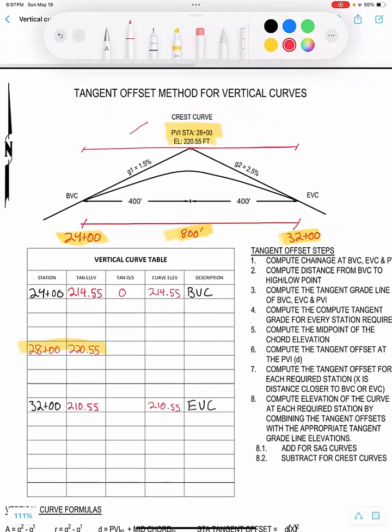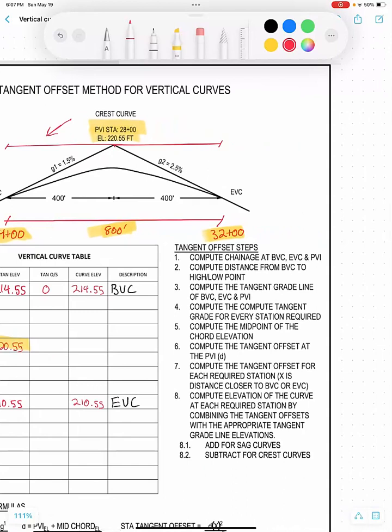We know that was coming down at negative 1.5. To calculate that, all I do is negative 1.5% times 400 feet equals negative 6, right?